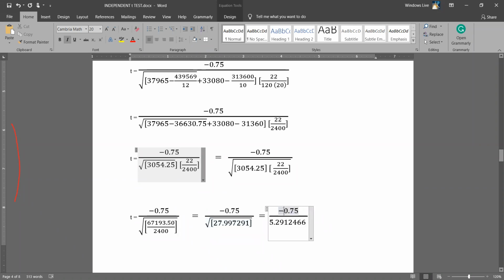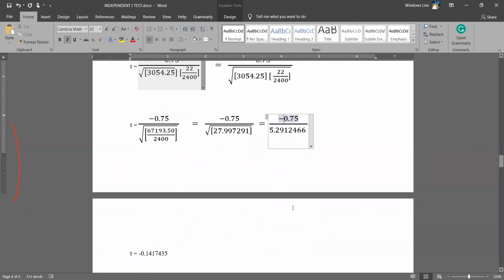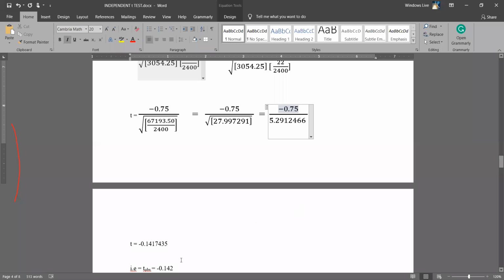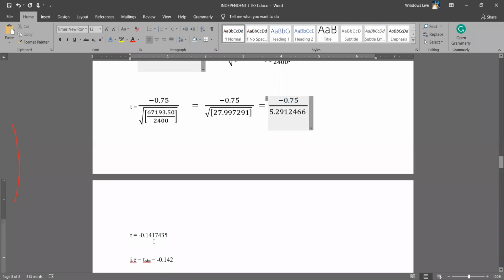Then afterwards, you can divide 5.291 by minus 0.275. When you calculate it with your scientific calculator, this is the final value that you get. This is the main value that we are hoping for. That's our T observed, our computed value.